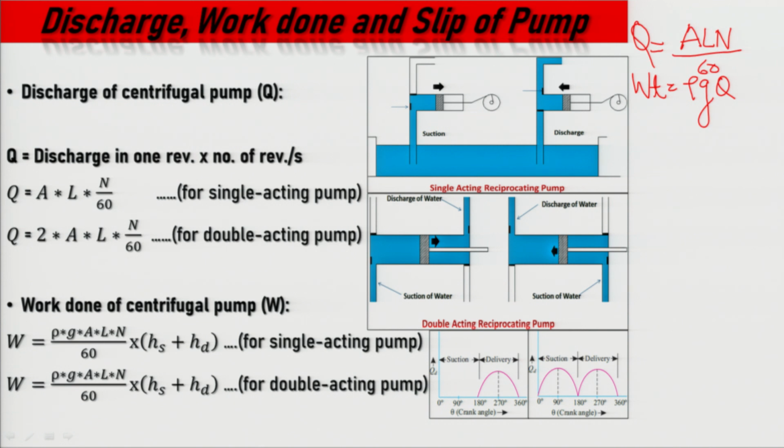So in place of Q, we put A L n upon 60, giving rho g A L n upon 60.